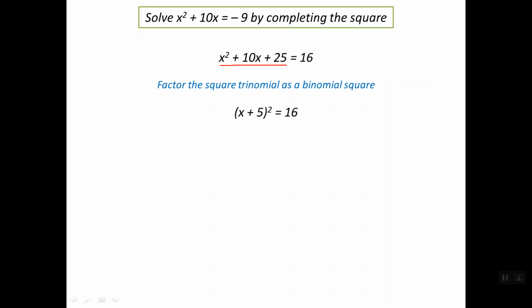So the binomial square for this equation is x plus 5 all squared is equal to 16. You can check this by multiplying x plus 5 by itself, so you should reach x squared plus 10x plus 25.